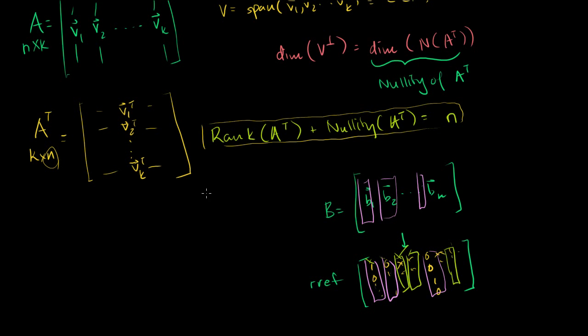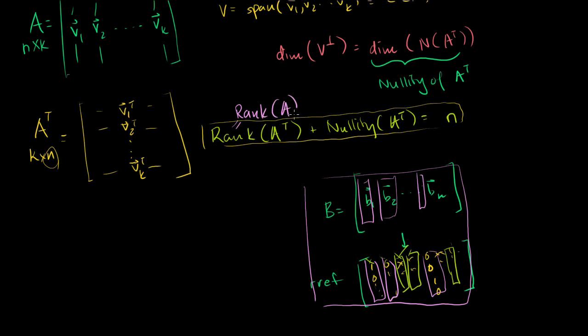I showed you that in the past, but it's always good to remind ourselves where things come from. But this was just a bit of a side. I did this with a separate vector b, just to remind ourselves where this thing right here came from. Now, in the last video, I showed you that the rank of A transpose is the same thing as the rank of A. When you transpose a matrix, it doesn't change its rank, or the dimension of its column space.